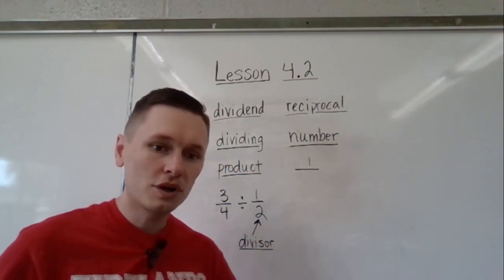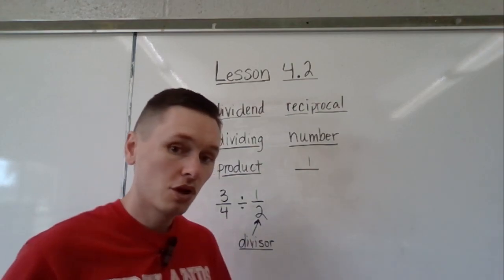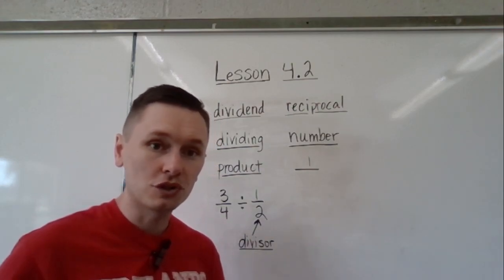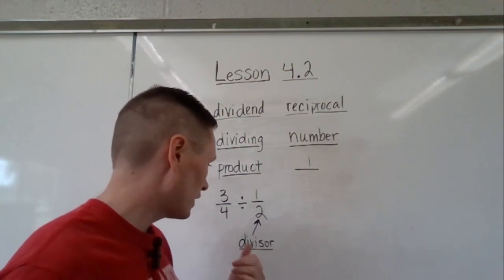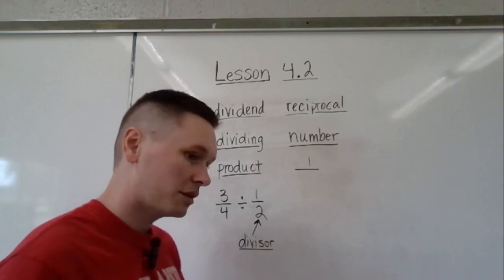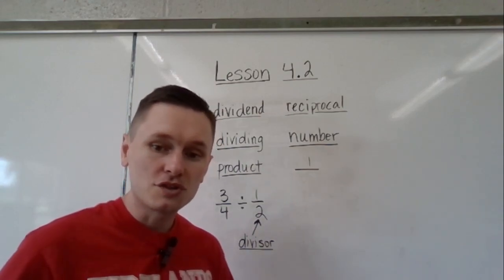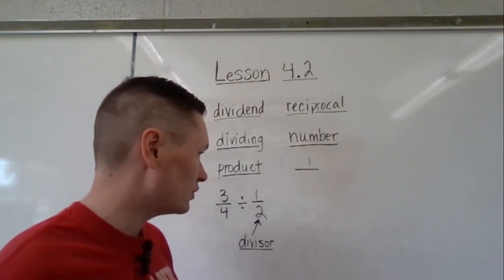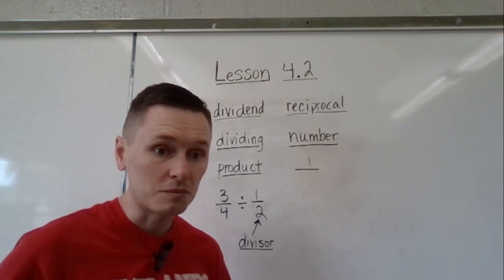Your teachers and I won't expect you to obviously label all your problems, but it's good right now as you're learning this to label everything so that you have an idea of what number is what or what fraction is what. And so that way, as you go back and review this, you go, oh, so yeah, that's my divisor. And you can refer to these notes and kind of help you.